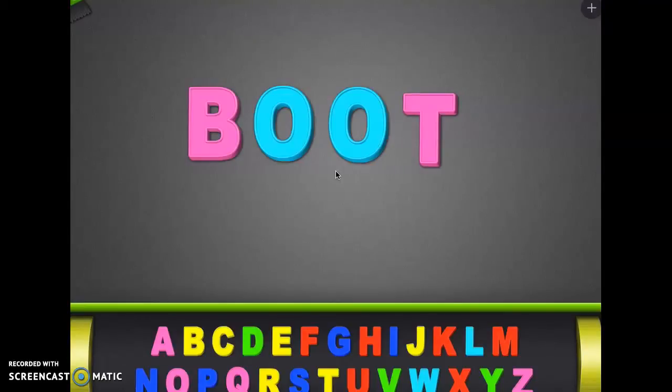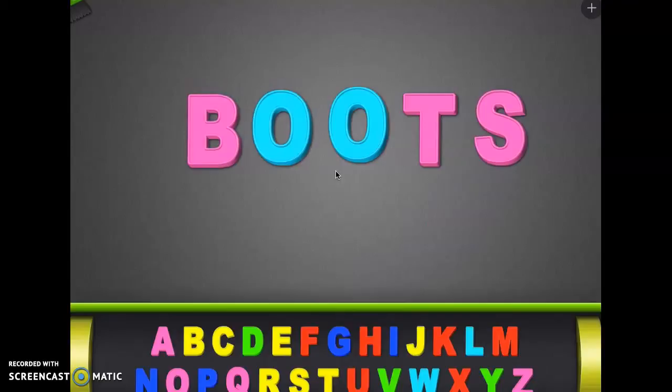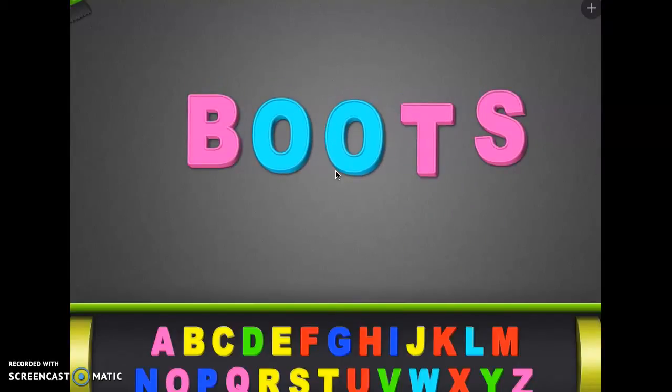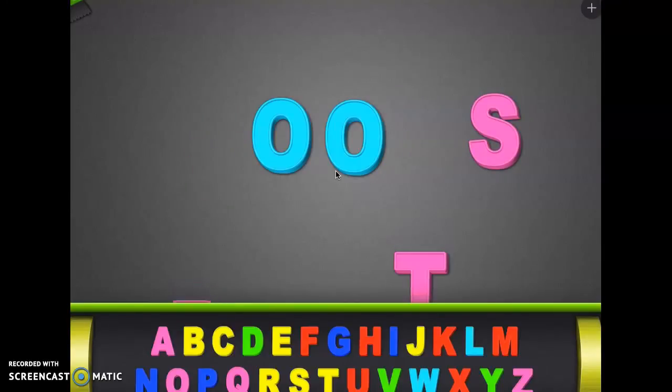You want to have two boots. Do you remember what we do to words to turn them into a plural? What do we need to add to the end? Let's turn boot into boots. We need to add that S. B-O-O-T-S spells boots. Are you glad that you don't have to wear your winter boots anymore? I would think you would be.